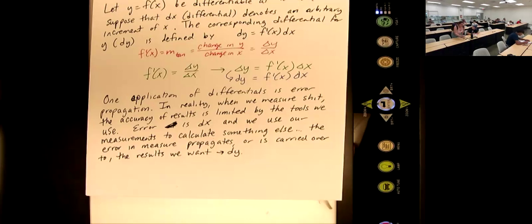Does that make sense? Like how accurate can our answer be if our input wasn't right the first time? This is why you learn about significant figures, significant digits and stuff, because you only want accuracy to what you have.